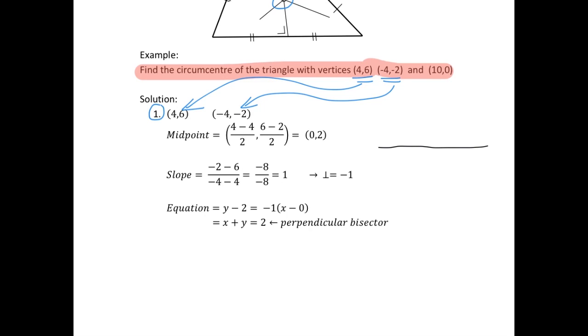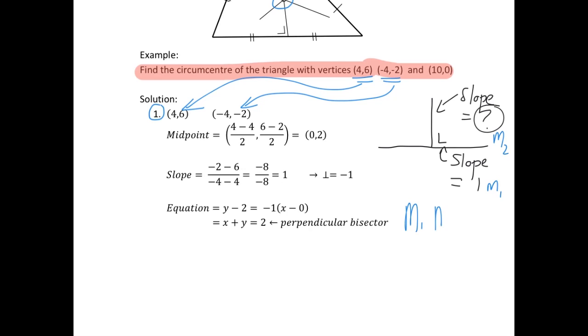If we want the slope of a line perpendicular, and say the slope of this line here is M1, then the slope of this line up here, M2, needs to be such that M1 times M2 is equal to -1.